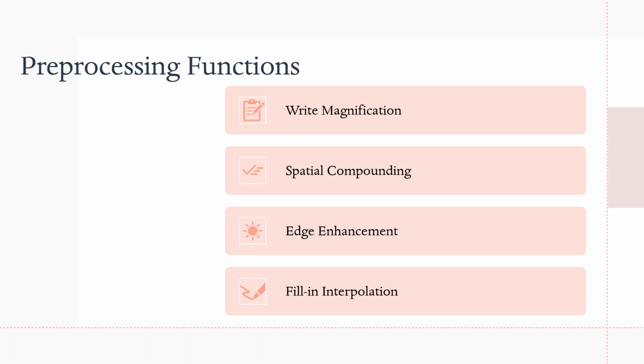So let's get into some pre-processing functions on our machines. So we have write magnification, spatial compounding, edge enhancement, and fill-in interpolation. These are all pre-processing functions, so before the image is fully saved.